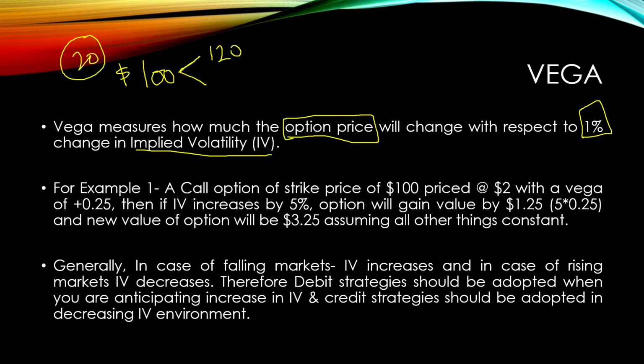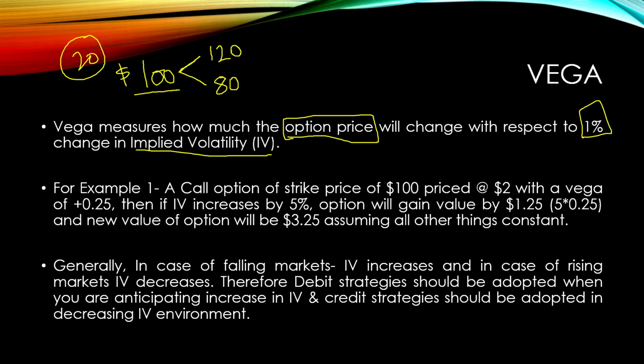So if the implied volatility of this stock is 20%, then the option market is predicting that this stock will likely go up to $120 or fall back to $80. So this is the simplest definition of implied volatility.